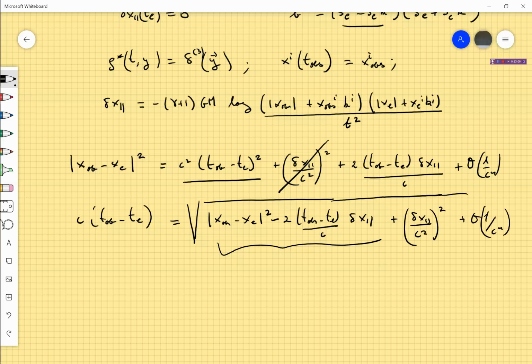So at this order we haven't done anything, but this whole thing is just x observation minus xe minus delta x parallel divided by c squared.